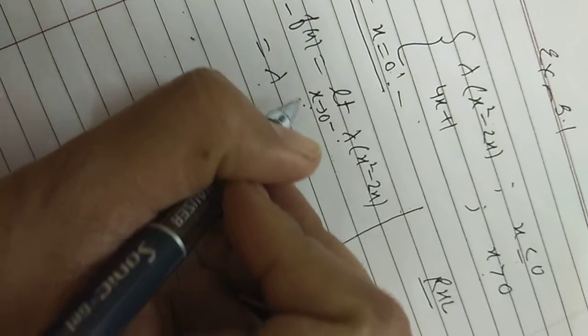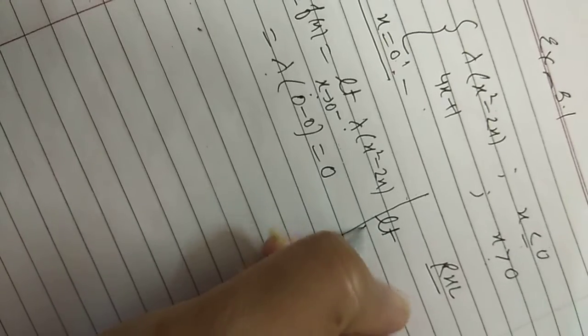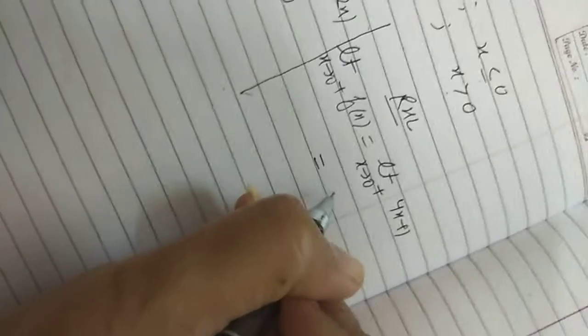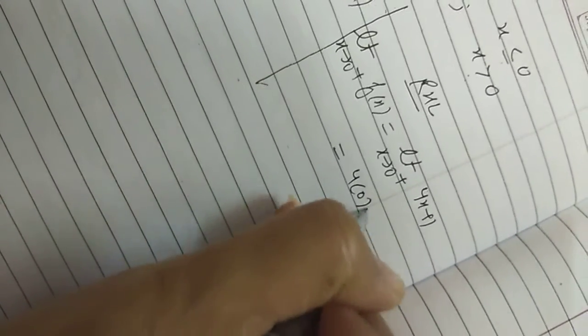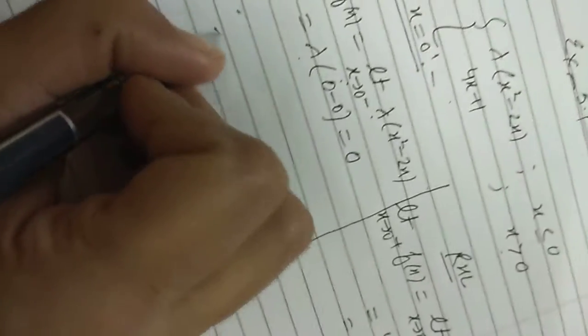Applying the limit, it will be 0 minus 0, that is 0. For the RHL, the limit as x approaches 0 from the right of 4x plus 1 becomes 4 into 0 plus 1, which is equal to 1 only.